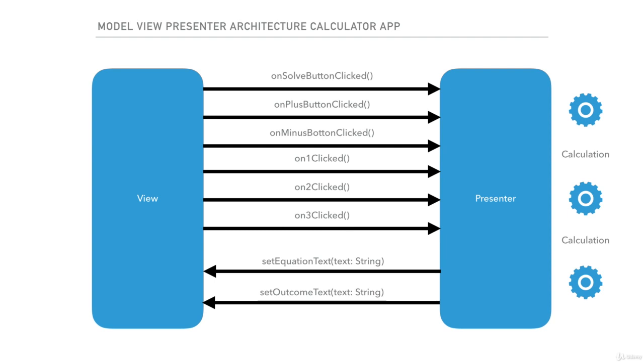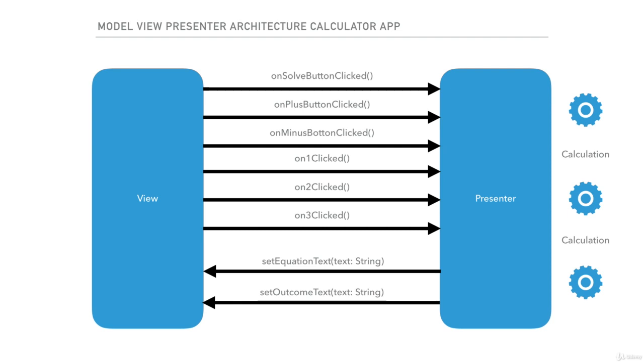Here you can see multiple events like on solve button clicked, on plus button clicked, on minus button clicked, on 1, 2, 3 clicked. Whatever, the view is just saying, okay, on 1 was clicked. Then the presenter recognizes, okay, the view says on 1 was clicked, I'm going to do something, do some calculation.